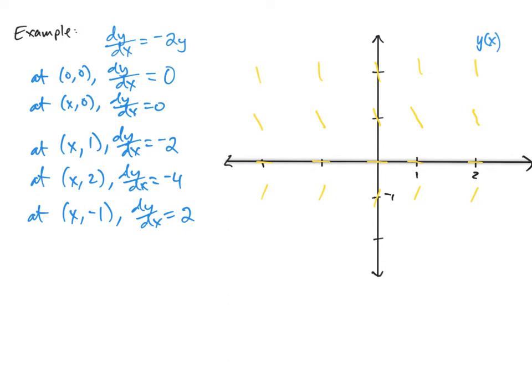And at y equals -2, dy/dx is +4. So now again, we've got really steep lines, but going in the positive direction. Okay. Now, what is our solution?